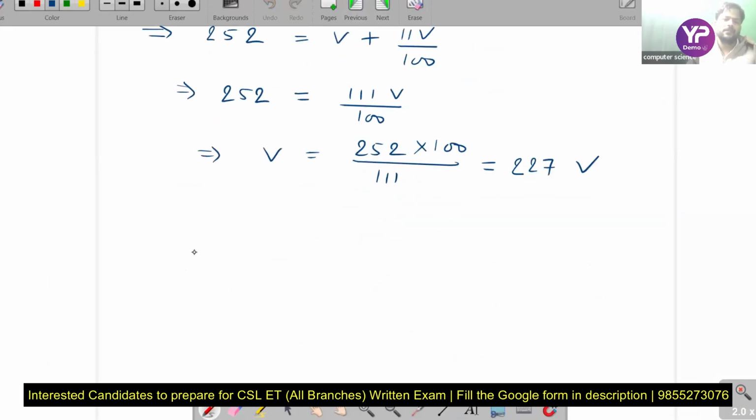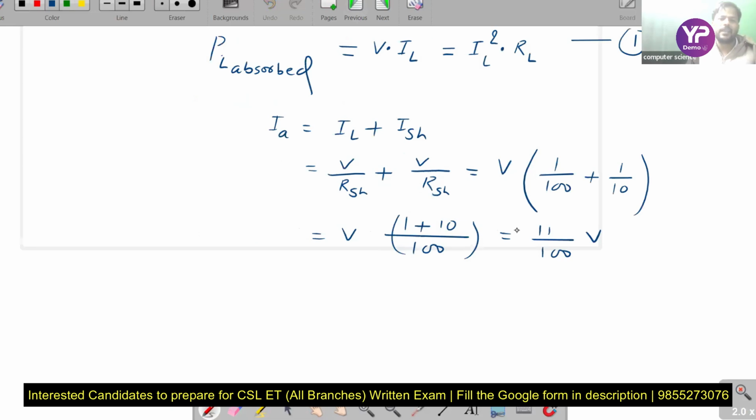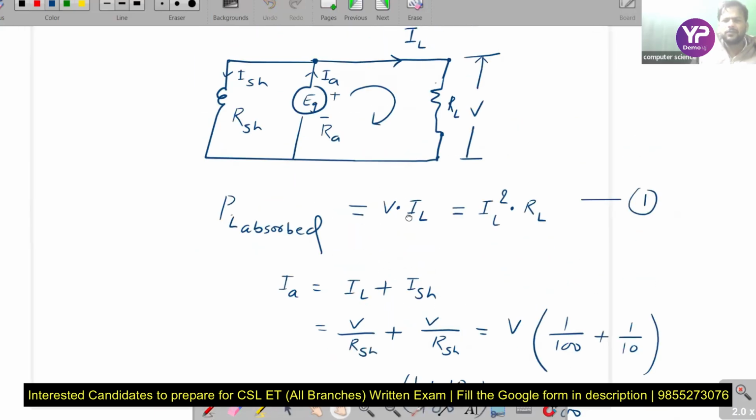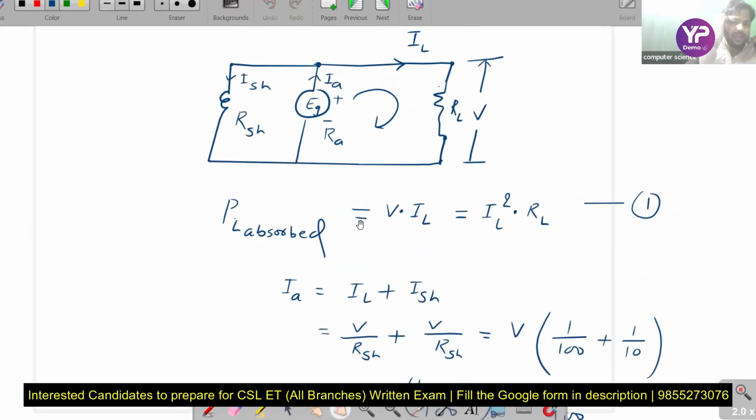Now, when we find it, we could find the value of I_A. I_A equals 11 by 100 into V, and the value of V is 227. But here, to find the power absorbed, we need to find I_L.